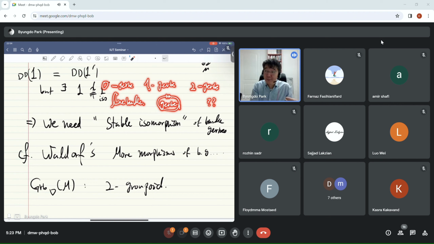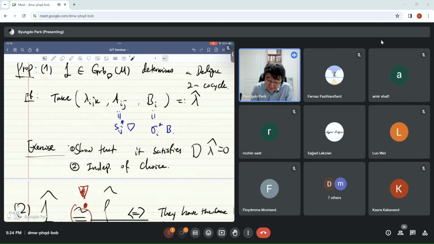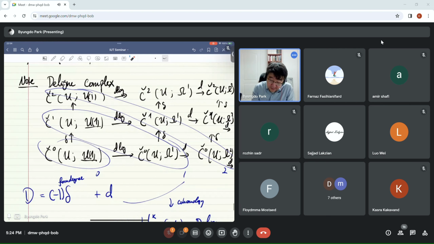I think it's going to be easier to just explain using the Čech complex. If you have, let's say, g_ij, the transition maps, a U1-valued function defined on double overlaps, that's a transition function, right? And then you have the connection form defined on each open set.